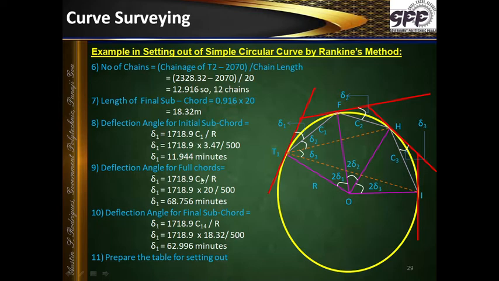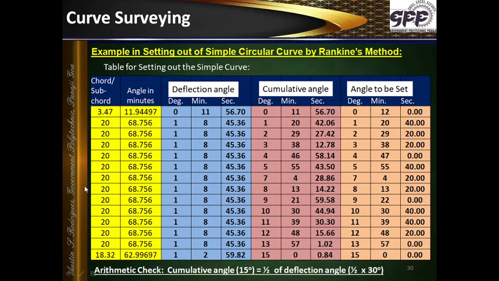Now that we have got all these deltas, let us prepare a table that will assist us to perform the calculations easily. The table for setting out a simple curve: the initial subchord is 3.47, then we have 12 chords of 20 meters and the last chord of 18.32.